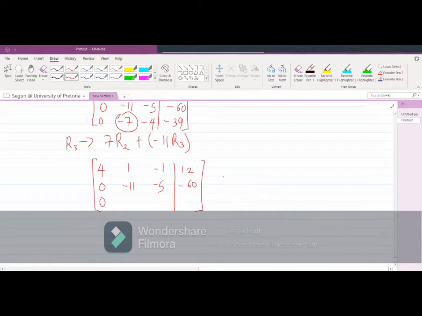So R2 will be minus 77 plus, remember this is negative, minus 11 times minus this will be positive, right? It will be positive 77, which is equal to 0.